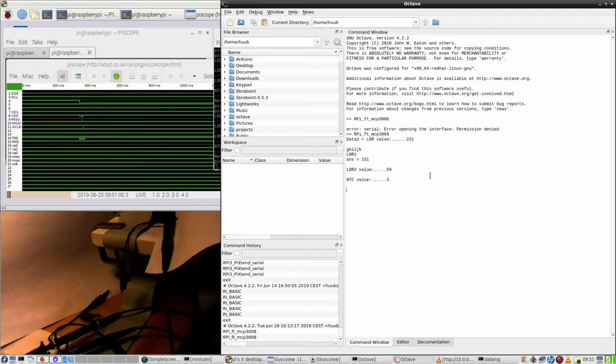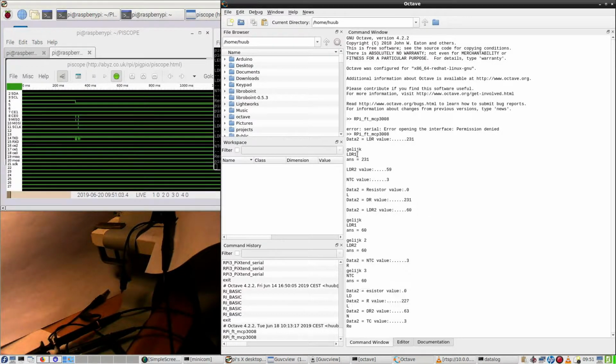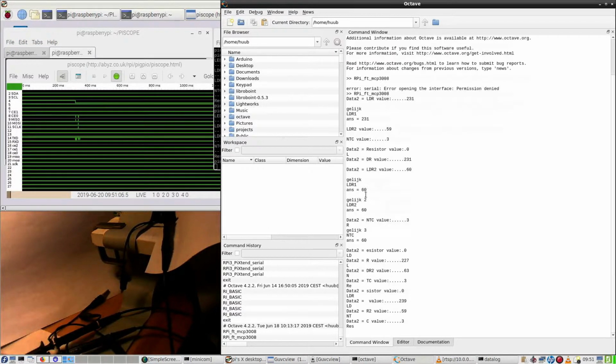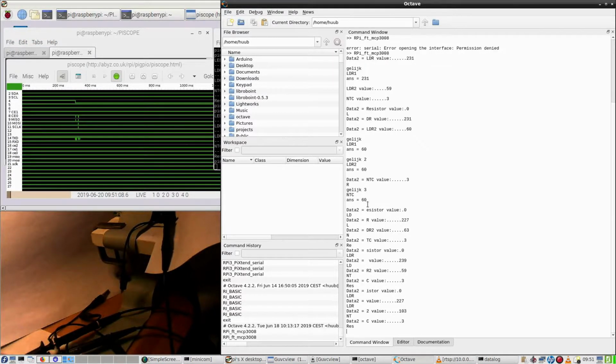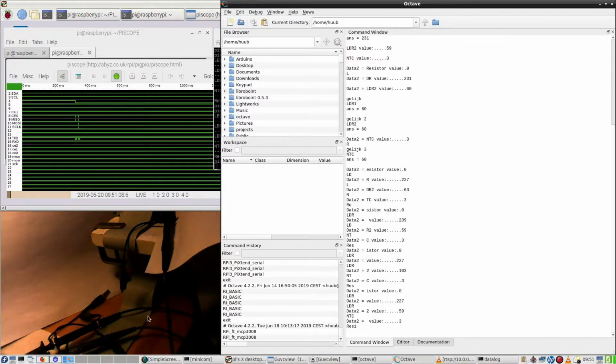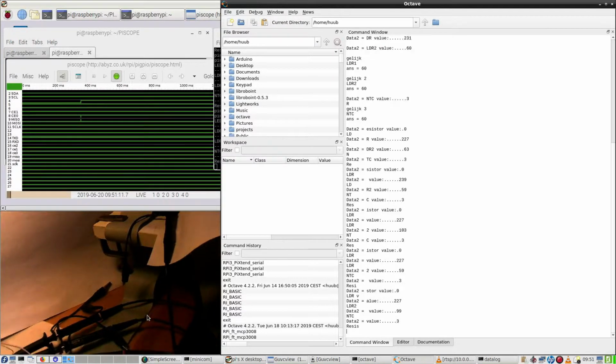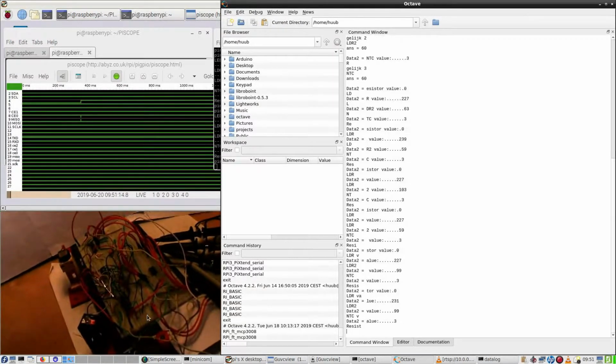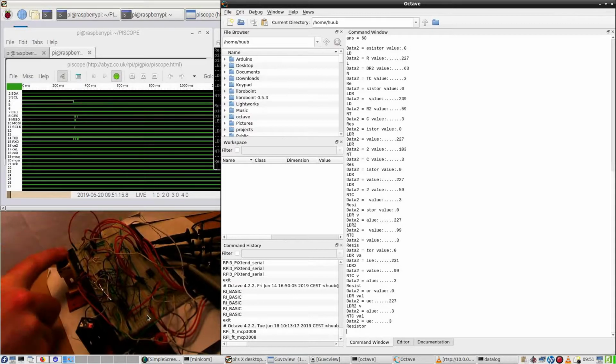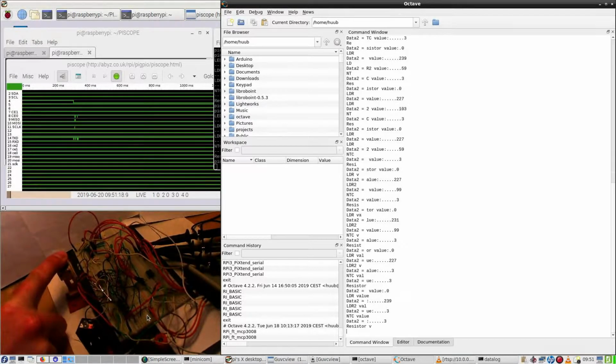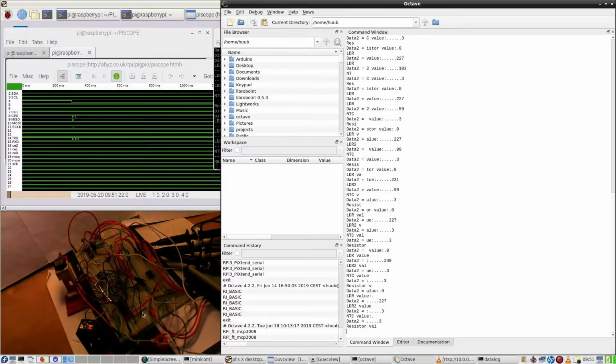Now it can. So let's put it here and see what difference it makes.